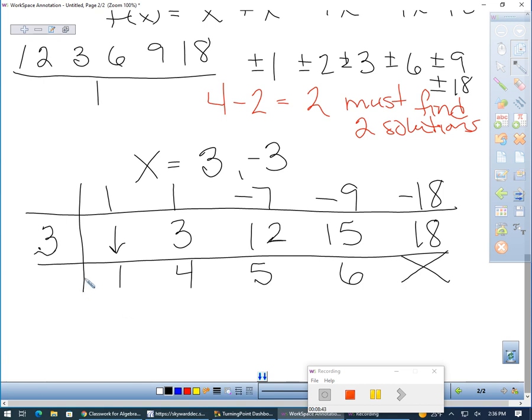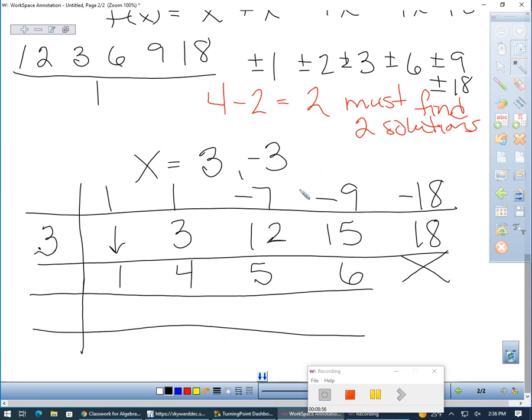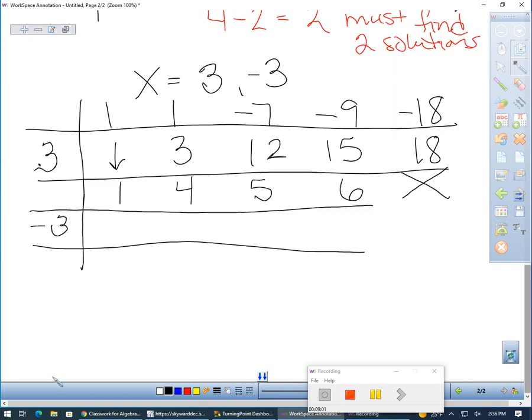All right, now we're going to continue our little graph, but only draw it out to the 6 underneath. Now we're going to put our next 0, continuing our synthetic, going down. So I bring down the 1. Negative 3 times 1 is negative 3. Add them together, I get 1.